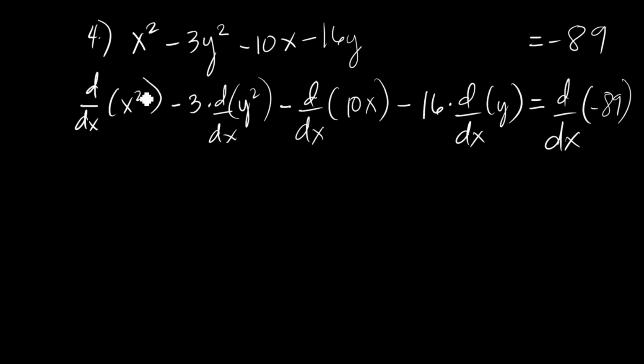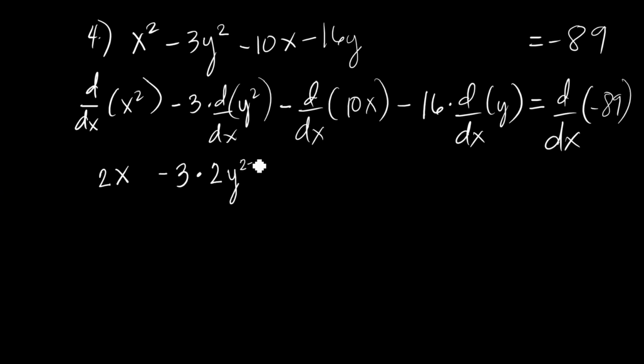So the derivative of x squared, by the power rule, we do have a power of 2, then the base x, 2 minus 1, so the power will be 1, so 2x. Then the derivative of y squared: power of 2, copy the base y, 2 minus 1, so we do have the power of 1 here.